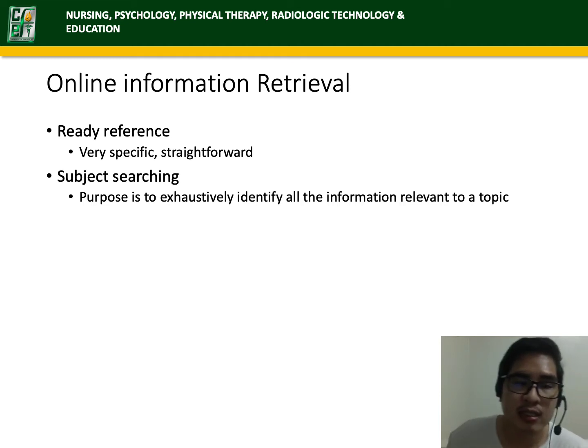The next one is subject searching. What you do is you identify all the information relevant to your topic, and then you do a literature search or exhaustive searching. For example, your topic is about parental rearing in children with autism.